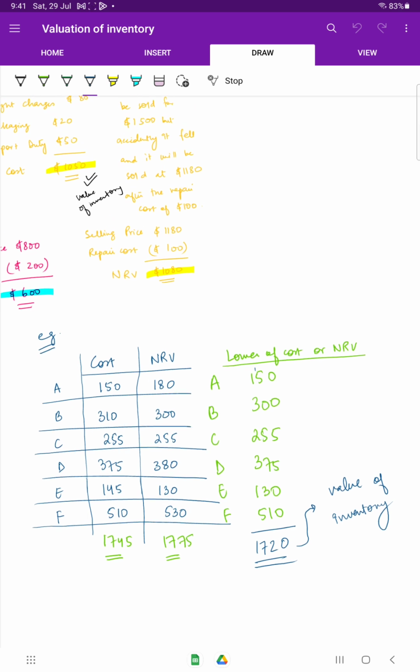Let me provide you formats of inventory valuation forward and inventory valuation backwards.